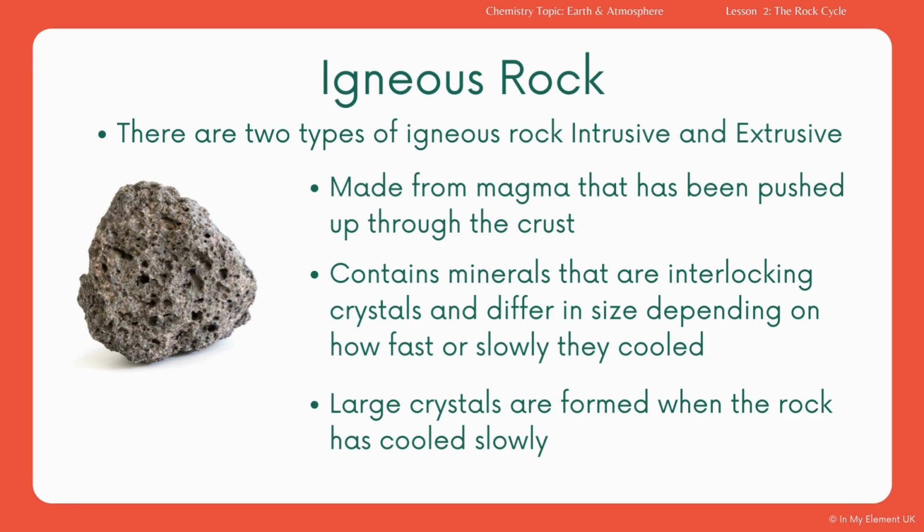So examples of igneous rock are granite, which is intrusive igneous rock, and basalt, which is extrusive. So the basalt is formed above the ground and it's cooled really quickly, and the granite is formed underneath and cooled much more slowly.